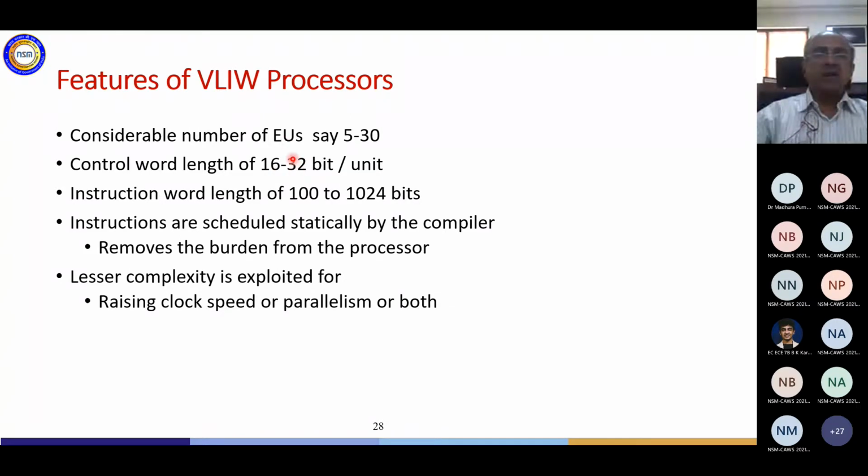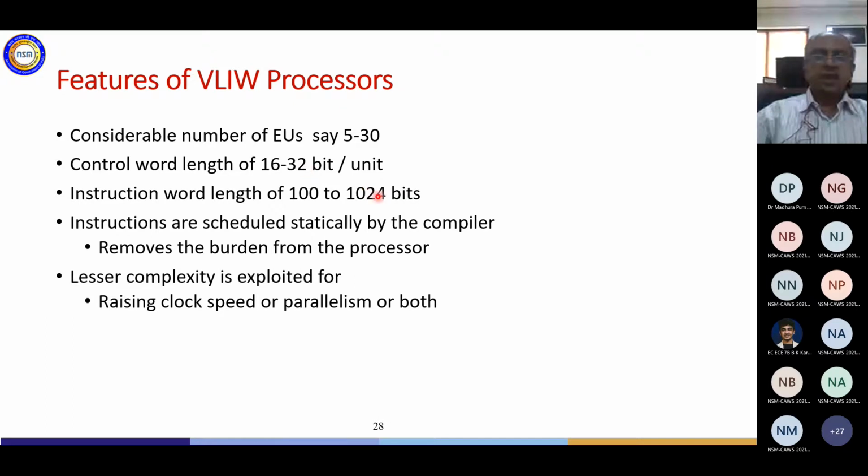So one 32-bit word of instruction will work on one execution unit. The maths is simple: one instruction word, uniformly 32 bits, goes on one execution unit. There are multiple execution units, and you will have an instruction word which will have many such units. So if 1024 is the word length of the instruction word of a particular VLIW processor, and 32 bits is, let's say, its unit word length, then you divide 1024 by 32.